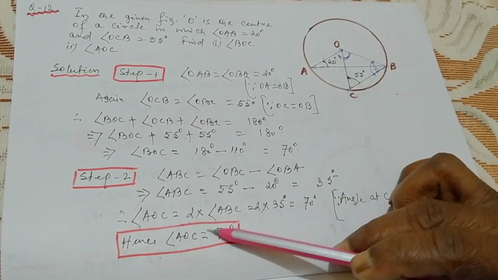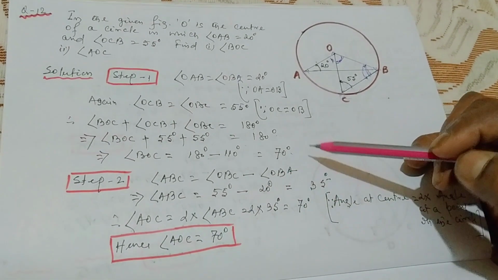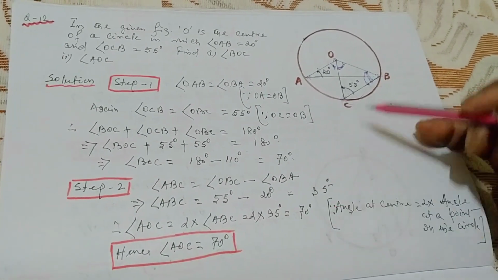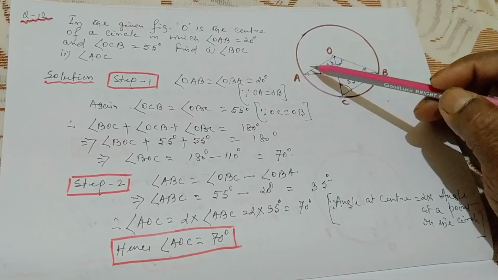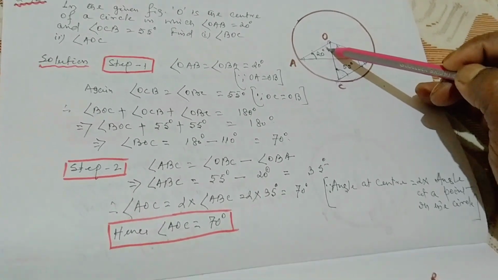That is why 2 into angle ABC, already we have calculated angle ABC is equal to 35 degrees. So 2 multiplied by 35 degrees is equal to 70 degrees. That is why the angle AOC is equal to 70 degree. That is the answer.